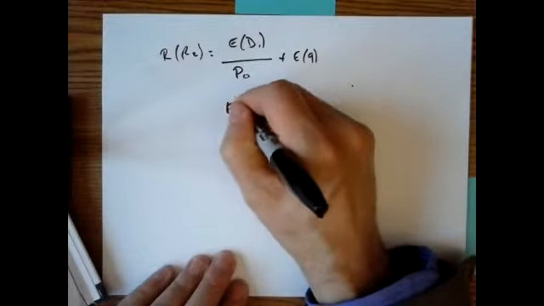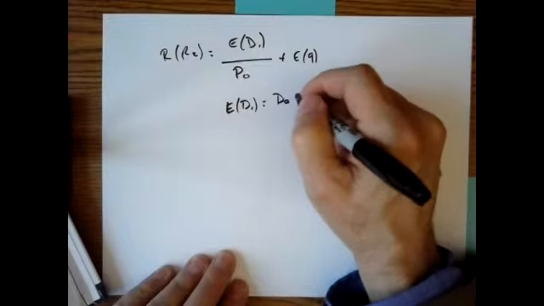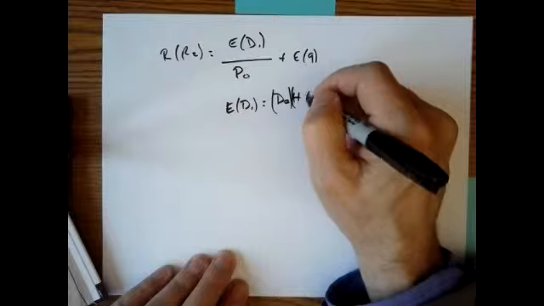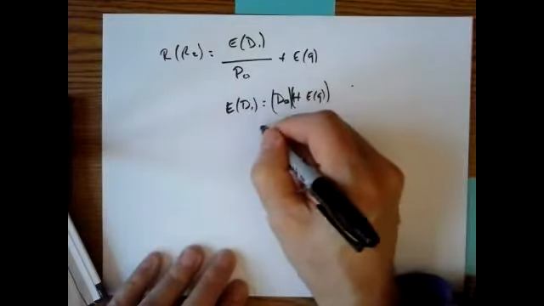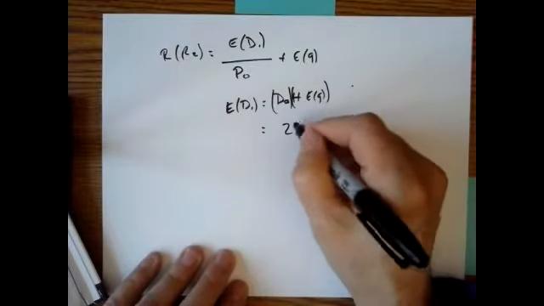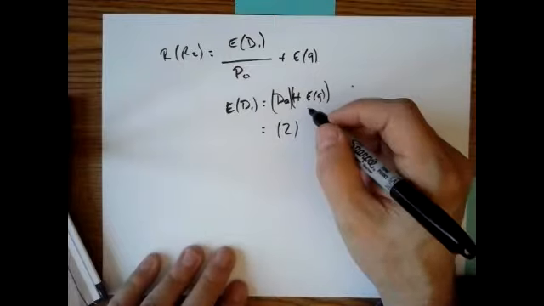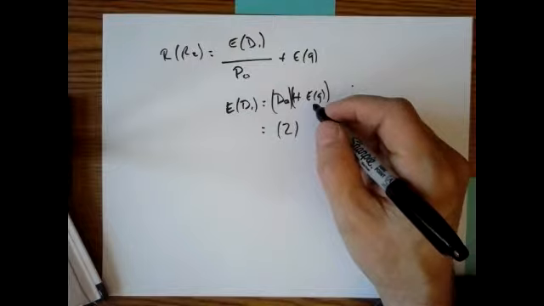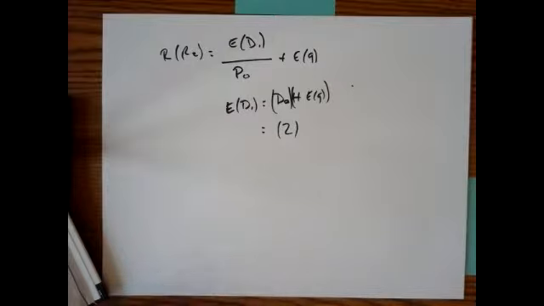So ED1 is equal to D0 times 1 plus EG, right? And we're given D0 is $2 and EG is the expected growth rate, which is 7%.